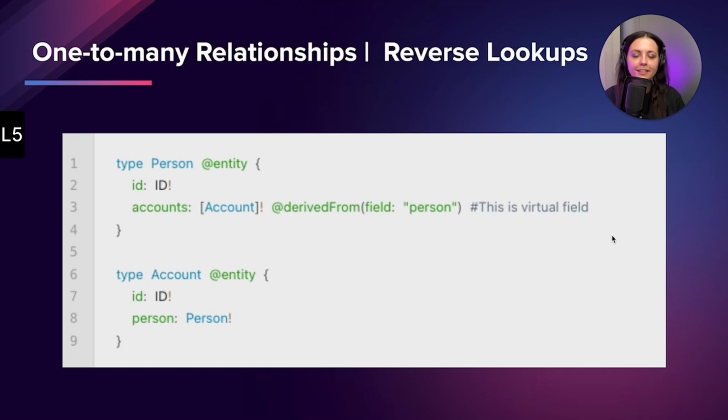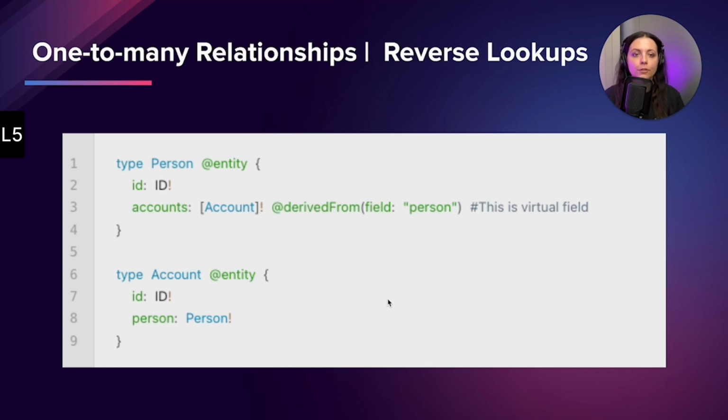Here is yet another relationship type, one-to-many, when there is a relation between one entity and many entities. You can use square brackets, like in this example here with account, to indicate that there are multiple entities linked. The perfect natural example is that one person has multiple accounts, and each account can only belong to one person.